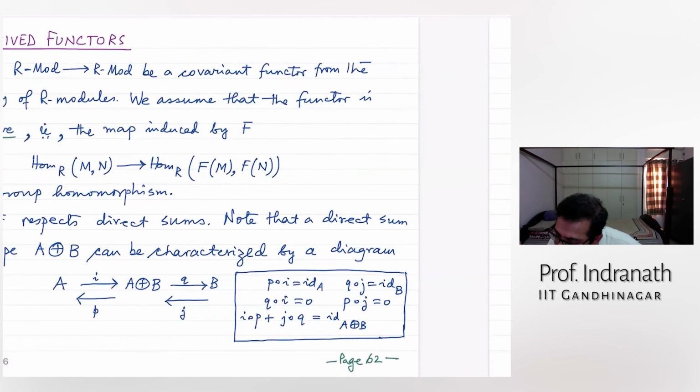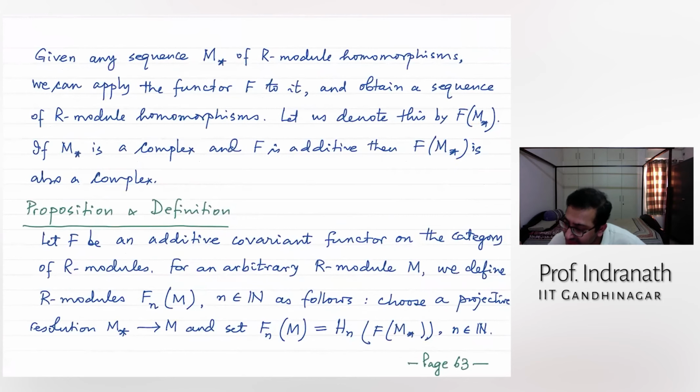Now, given any sequence M star of R module homomorphisms, that means you have a sequence of R modules Mn, and morphisms from Mn to Mn plus 1, or from Mn plus 1 to Mn, etc. If we apply a covariant functor F to it, we obtain a sequence of R module homomorphisms, denoted by F M star.